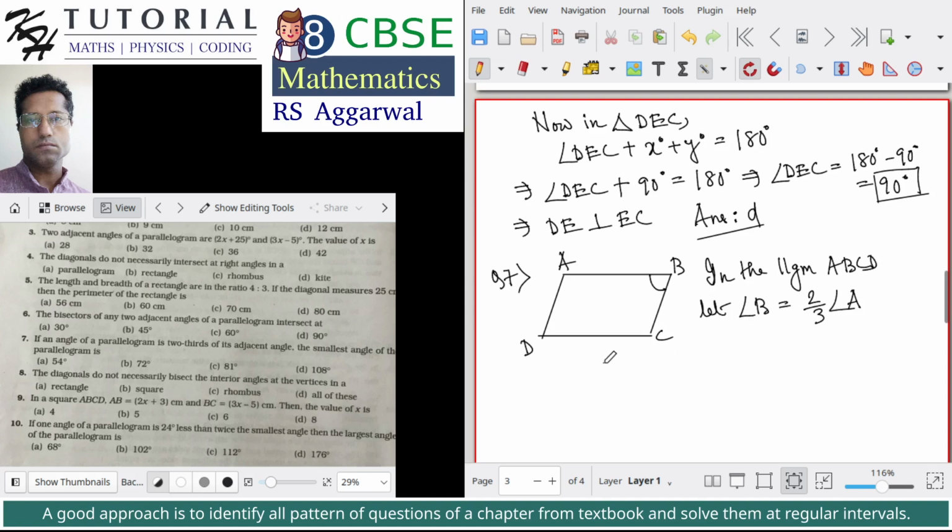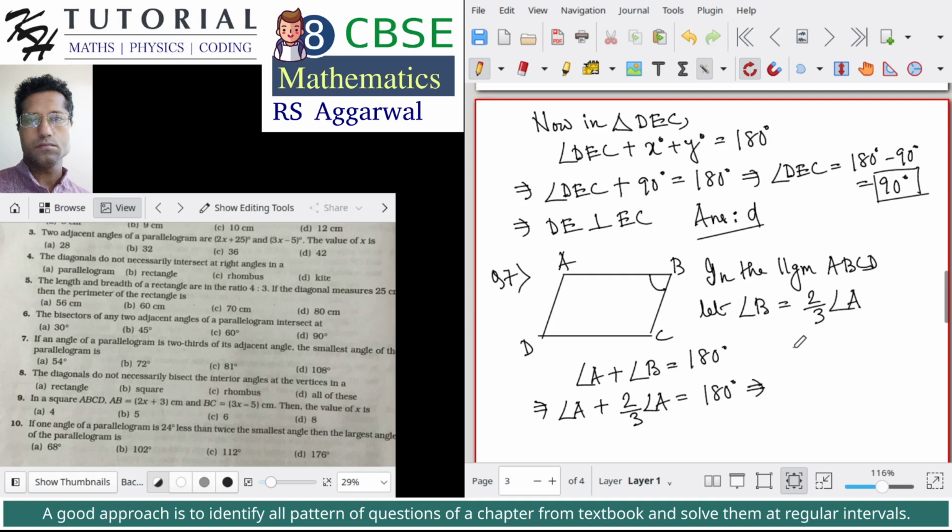Now we know that since A and B are adjacent angles, angle A plus angle B will be equal to 180 degrees. So this implies angle A plus 2/3 angle A is equal to 180 degrees.